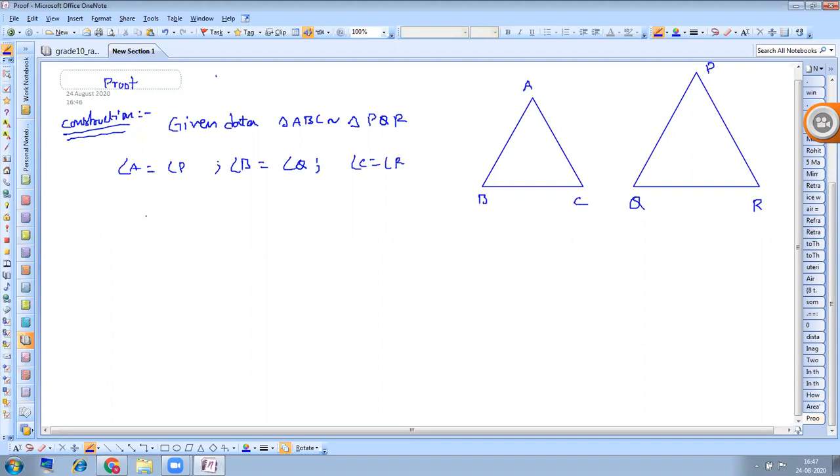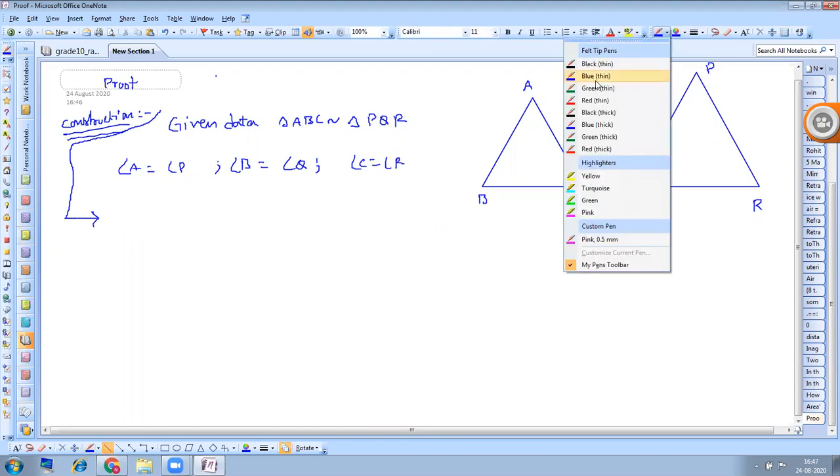And we have to prove, already I explained in the previous slide what we want to prove, and how to bring the areas concept here. So for that I have to make a small construction. This is the given data. The small construction is here. I have to take two perpendiculars from any one vertex.